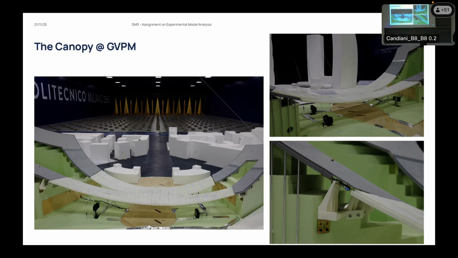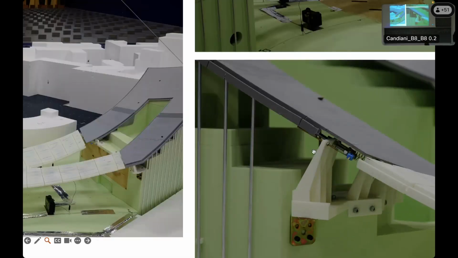If you look at this detail here, you can see the way the cables running over the covering of the canopy have been clamped through some elastic elements to give the structure the real stiffness it has in the full-scale condition, okay?